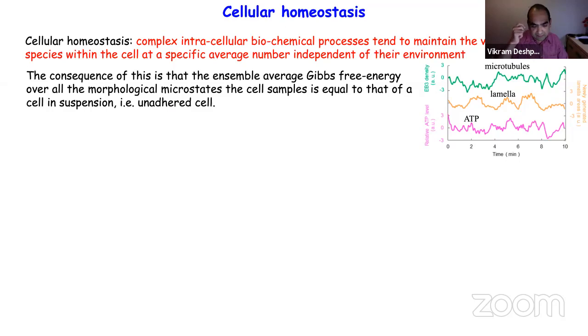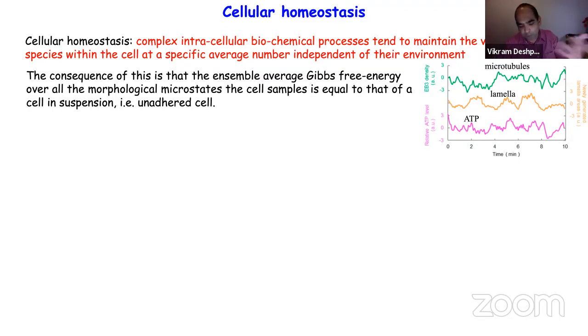So in time, it's not that the number of glucose molecules inside the cell is going to be constant, but over time, the average number is going to be held constant and independent of the environment. It's like what you're seeing in these experiment measurements here, that there's lots of fluctuations, but it's fluctuating about an average, basically.